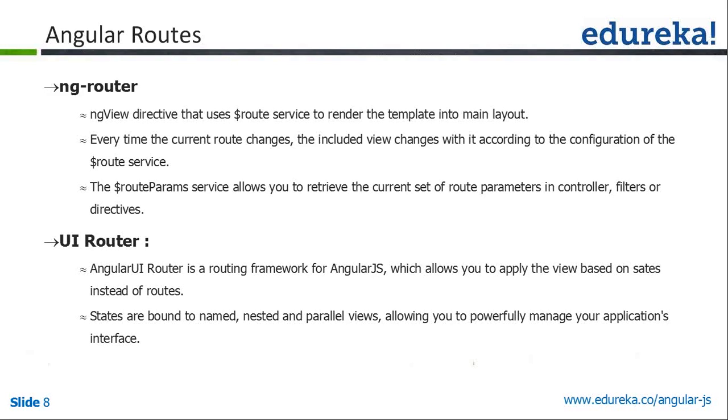It takes that URL and, for this particular URL, loads a specific template. That is how ng router works. Instead of that, UI router looks for a state, and it gives more options. For example, a state within a state is possible, and multiple states in a single view are also possible. That is the difference between ng router and UI router.